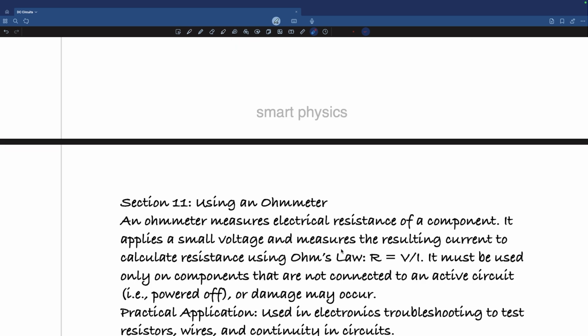Now, there is a third type of instrument called an ohm meter. We won't go into details about this. But remember that, well, of course, the name shows that it's used to measure electrical resistance, ohm meter, and it uses Ohm's law. That means if you want to measure the resistance of something, you have to send a current through it.